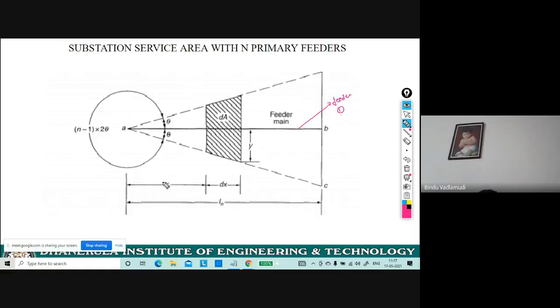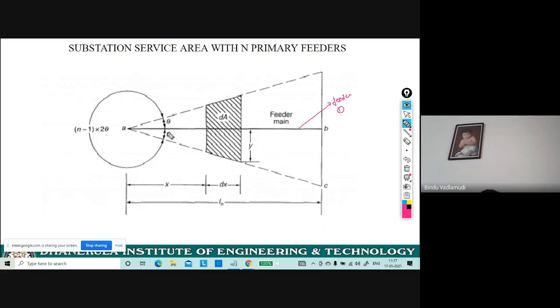The angle covered by this one is theta plus theta, that is 2 theta. So the remaining angle will be n minus 1 into 2 theta, the total angle covered by the other feeders.